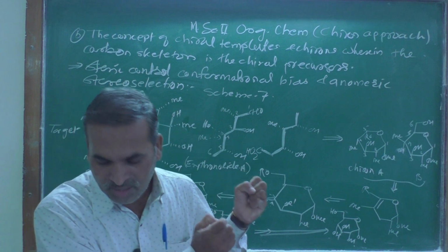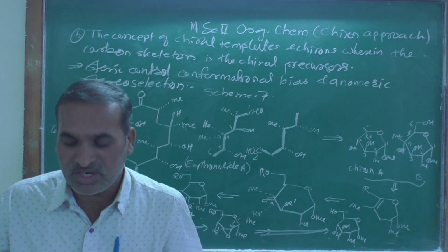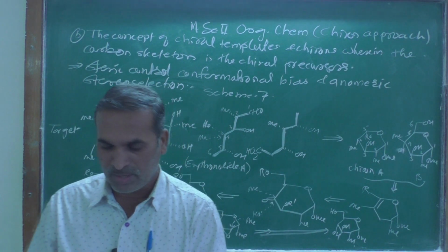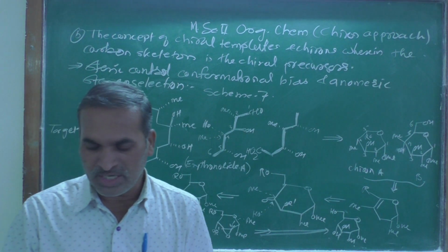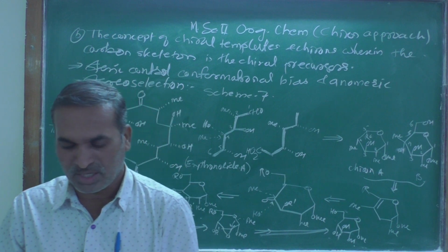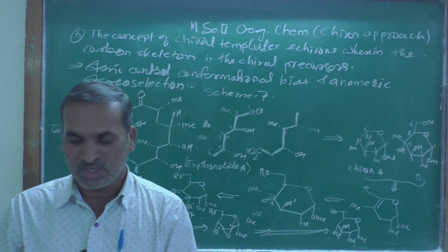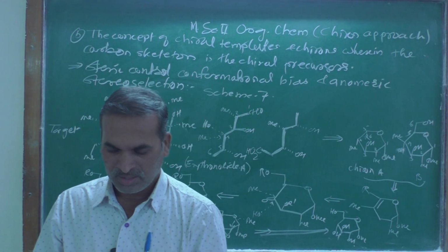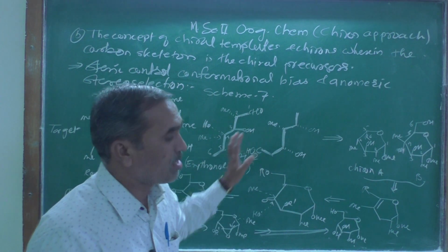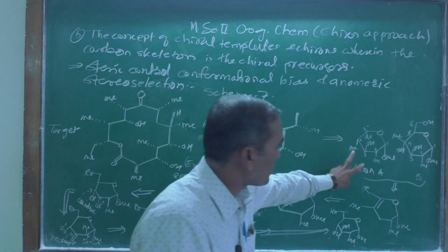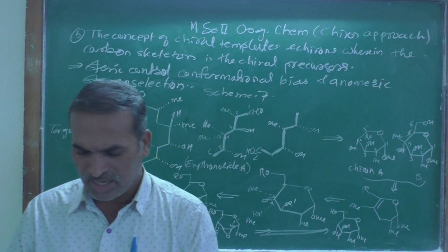Let us see a more general explanation regarding this one in a related approach, but using an additional conformational bias and anomeric stereoselection, one can construct a cyclic segment. These are the acyclic segments, and these chirons are the cyclic segments.